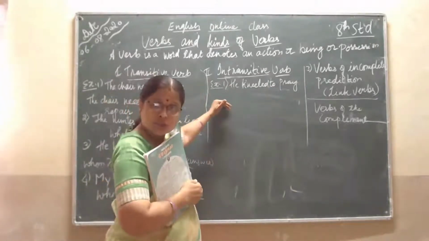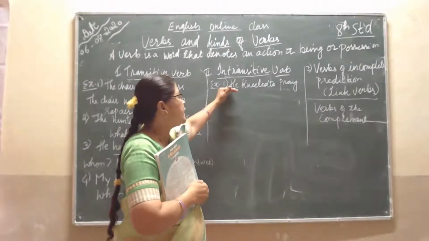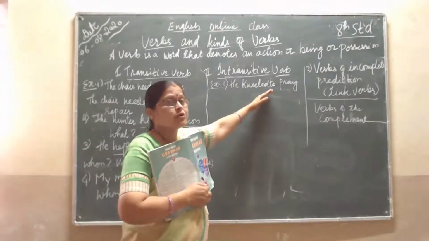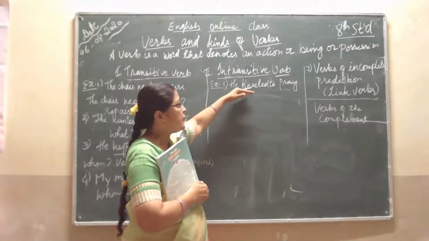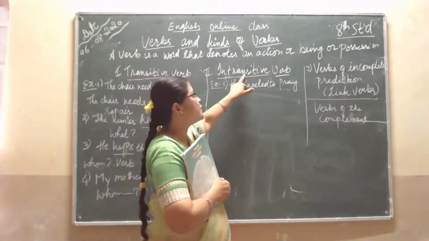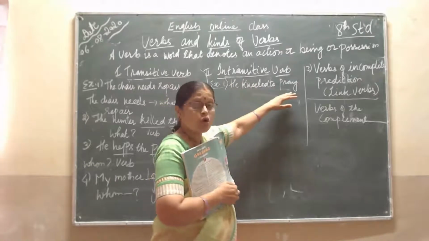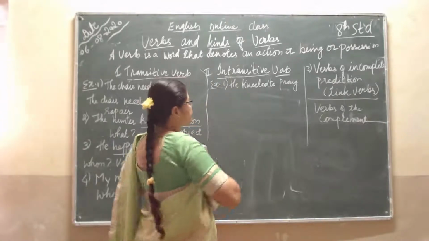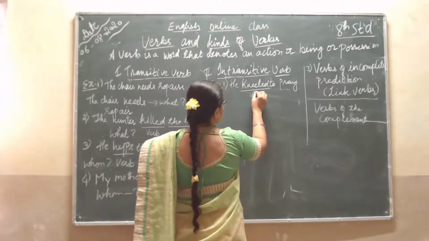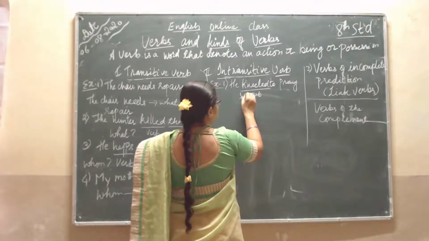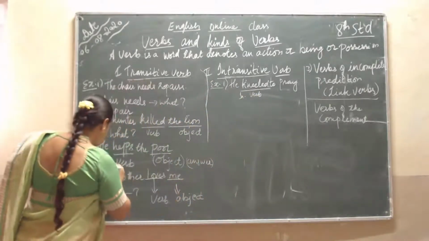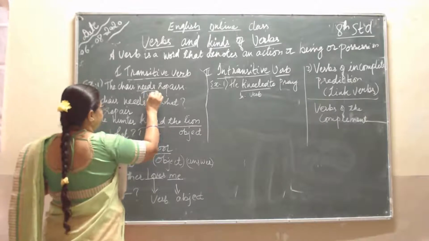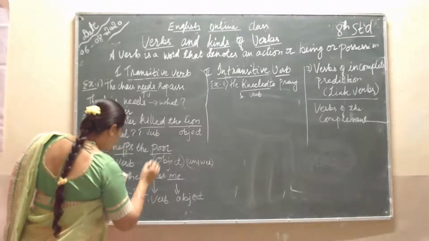Now we can't frame a question here using what and whom. He needs what? We're not getting an answer, which would be an object. So need will be an intransitive verb. Here there is no object. These are all transitive verbs.